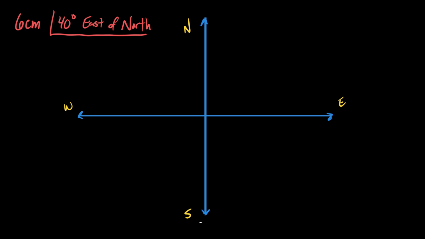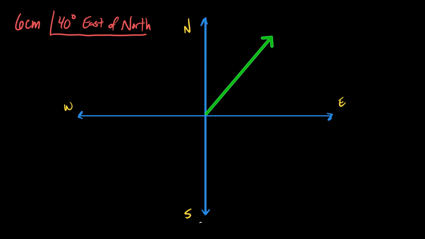I don't know that you know where to put 40 degrees east of north. So if you're concerned or you don't know, when I say 40 degrees east of north, you're going to be starting with a vector that is to the north. And then you will rotate that vector 40 degrees to the east.